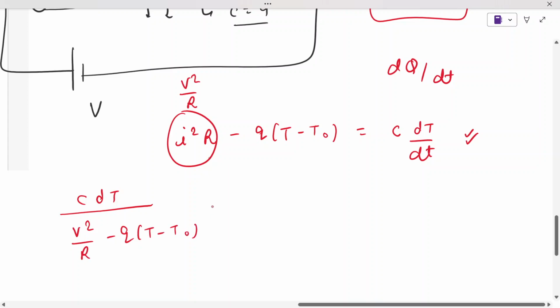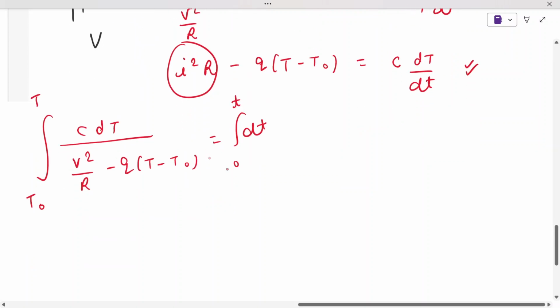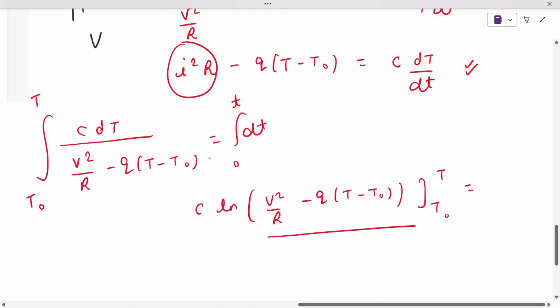I can integrate: at t equal to 0 the temperature was T naught, and at any time t it is T. Then I can write C ln of (V square by R minus q into (T minus T naught)) from T naught to T, divided by minus q, equal to t.